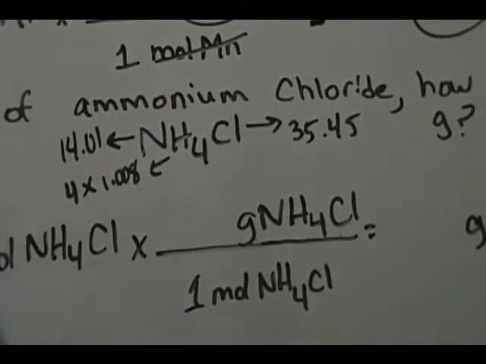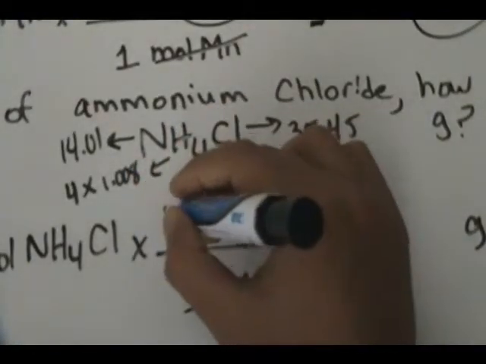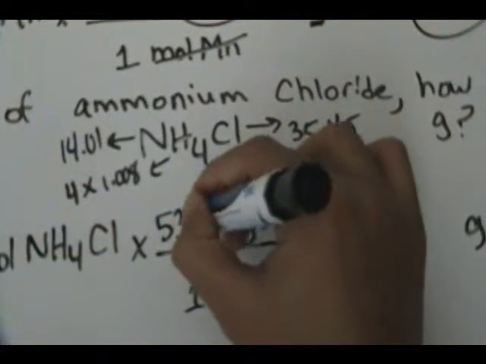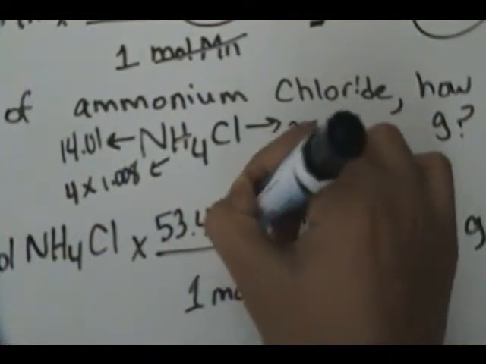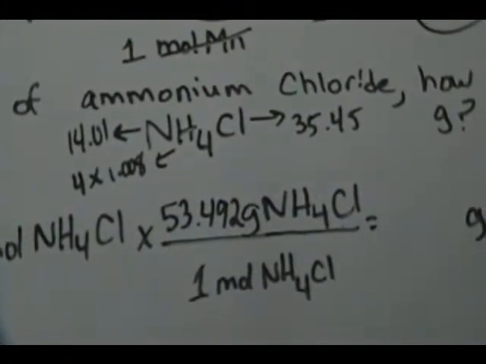We need to sum those guys up and multiply the number of hydrogens by its molar mass. So let's figure out this calculation. 14.01 plus 1.008 times 4 plus 35.45. I get a molar mass of 53.492. You guys should try this on your own too to make sure the calculations are consistent.